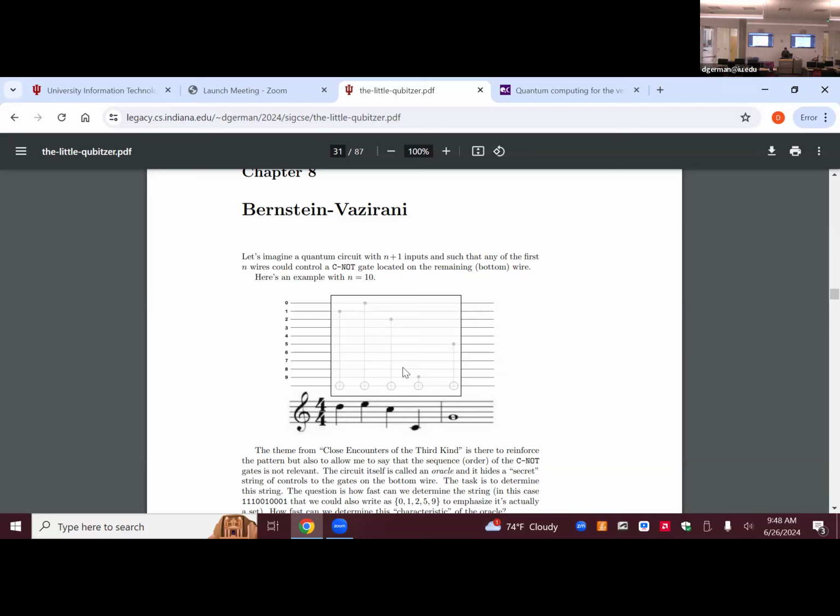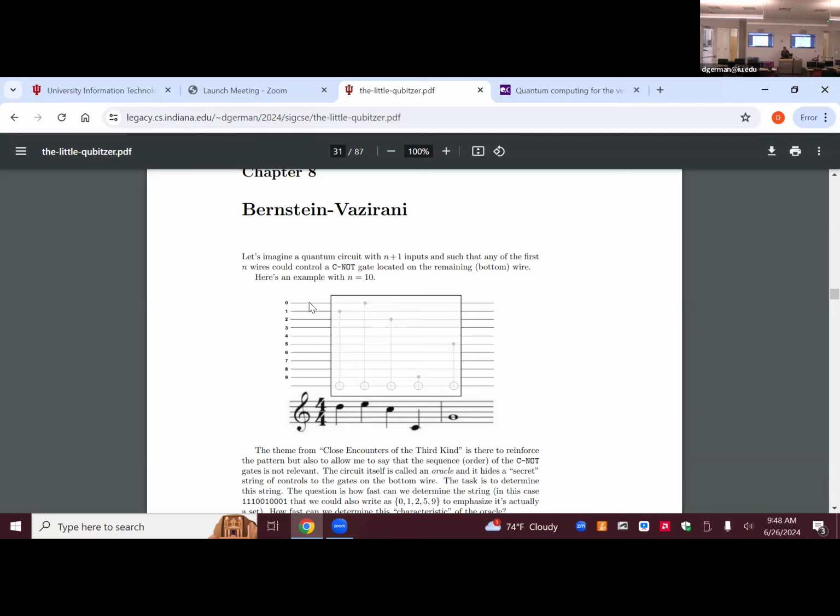All you can do is, for example, put a 0 at the bottom and put a 1 on wire 0. Now, if the 0 at the bottom changes, there you go. The wire on 0 is connected to the bottom, and that's why the white disappeared to turn into a black.